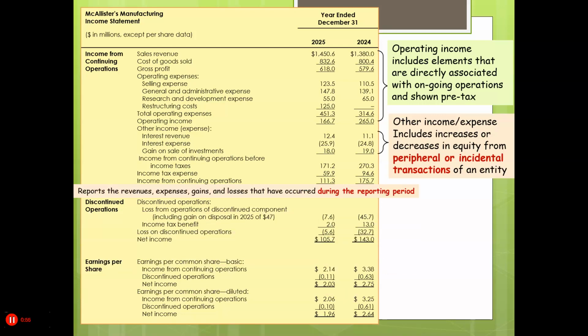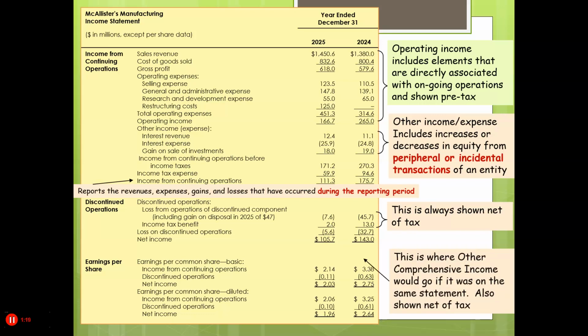Then we get income from continuing operations. And then we show our discontinued operations. Again, these are all net of tax. And usually we isolate out any gains or losses on selling the assets, and that's always shown net of tax.